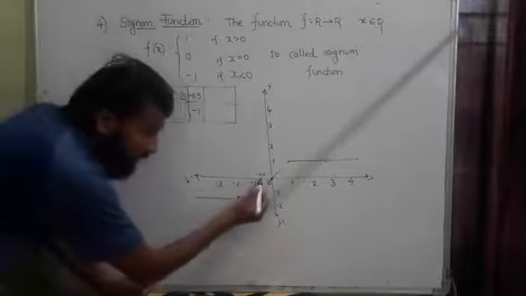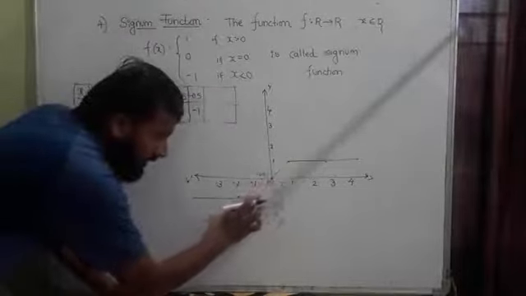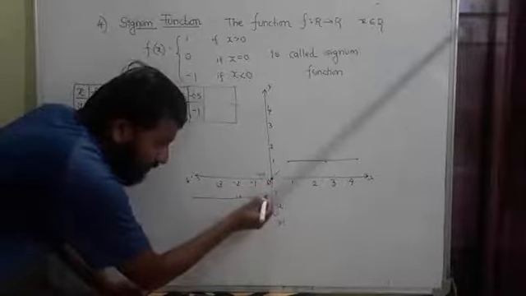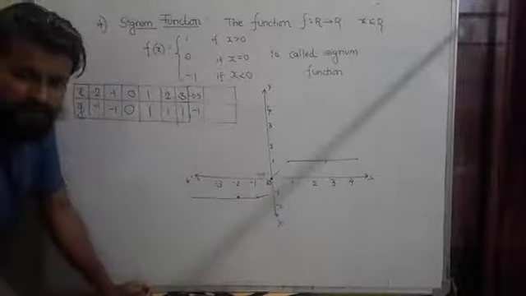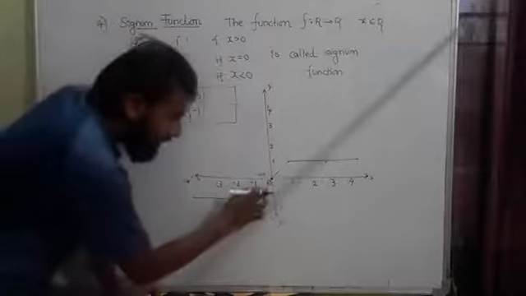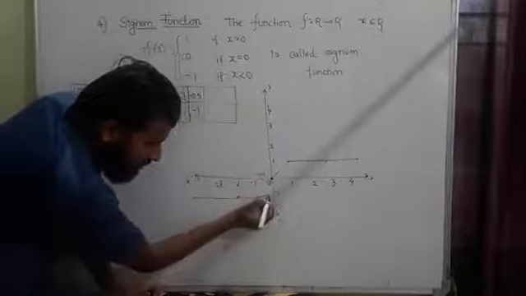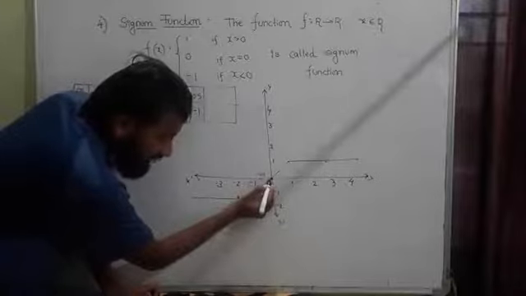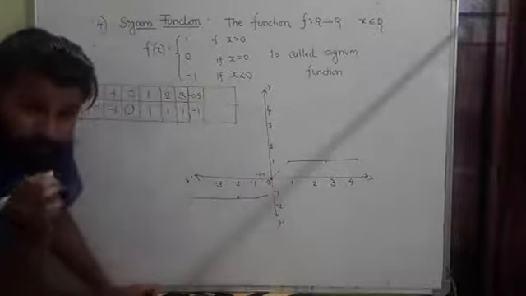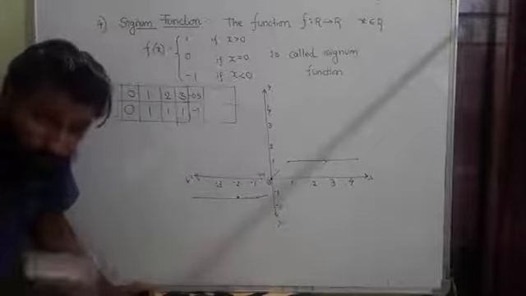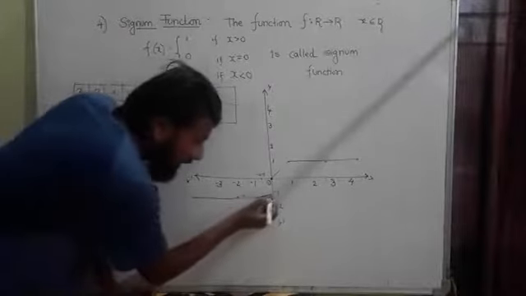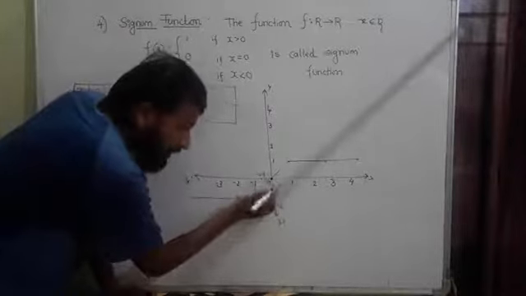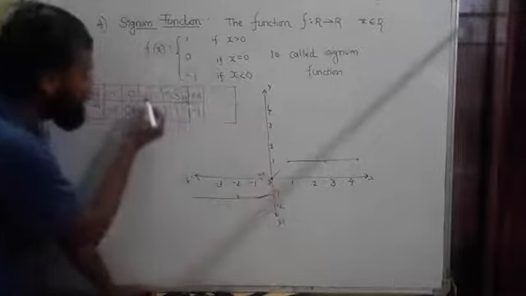So here also you will be getting the answer as minus 1 itself. Yes or no? Very good. So till you reach minus 4, minus 3, minus 2, minus 1, even minus 0.000001, the answer will be minus 1 only. Only when you take 0, that time the answer will be 0.